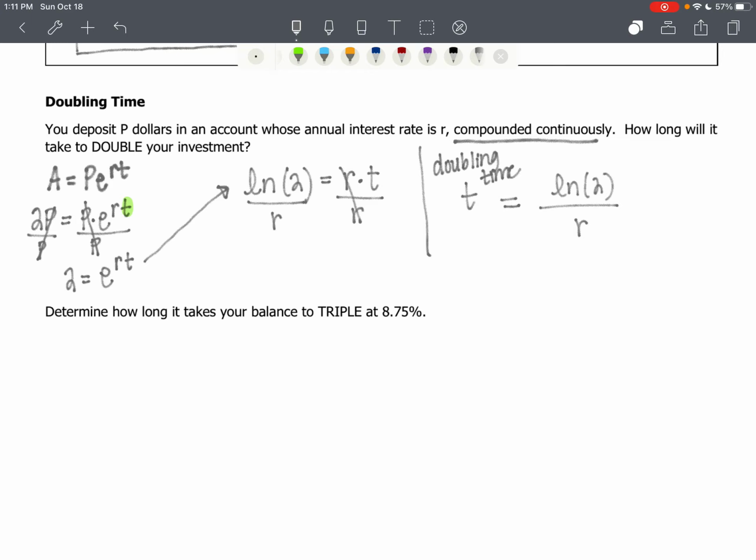That's a very important formula for you to either know how to derive or have memorized.